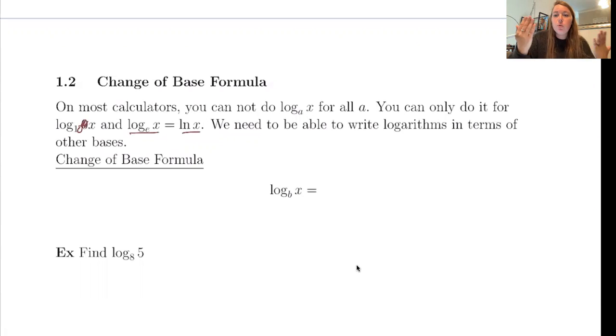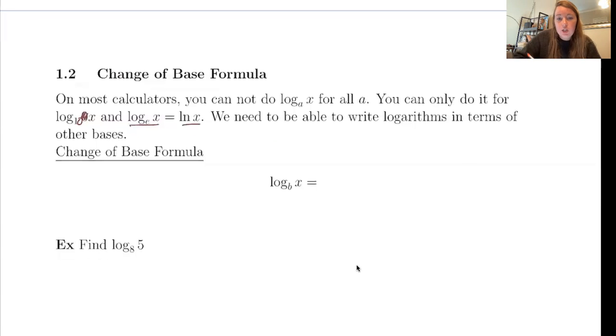So you really only have these 2 logs, but we've worked with log 2 before, that's a very common logarithm. And we've seen other logs, log 5, 8, 16, whatever. So how am I going to calculate a logarithm if in my calculator I only have those 2? We need to be able to write logarithms in terms of other bases.